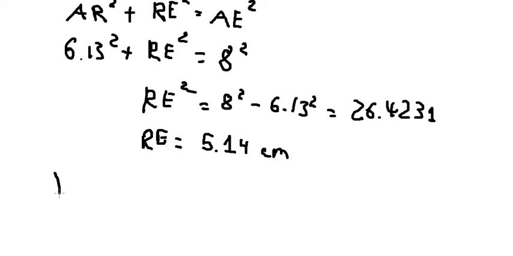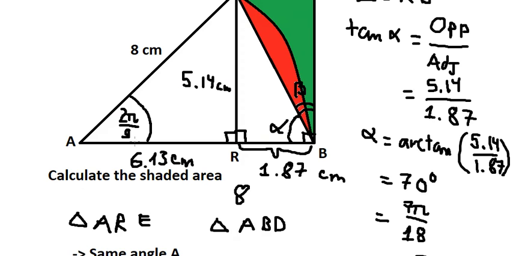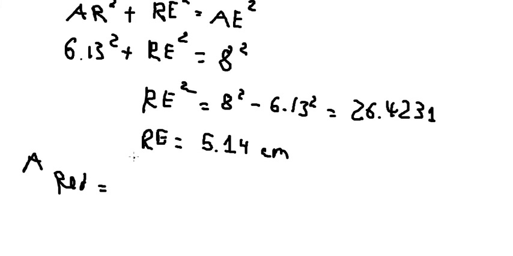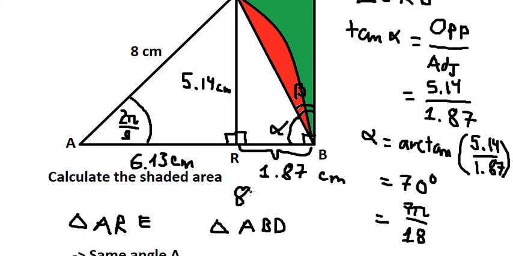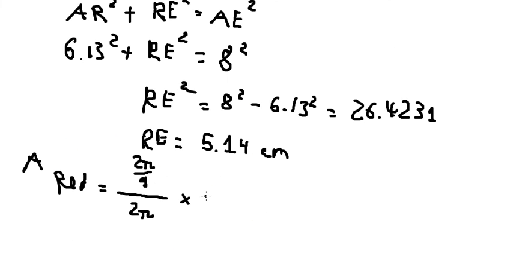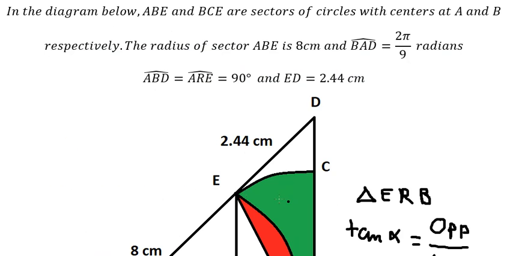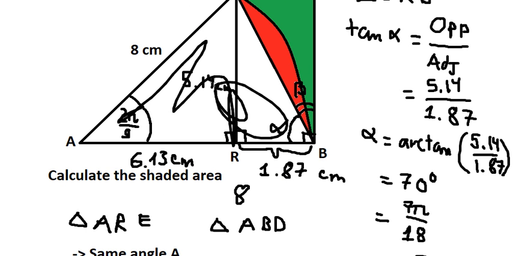So for the red area, we have 2π over 9. We divide by 2π, that is a full circle. We multiply by r, that is 8 square, and we have π in here, minus the white triangle in here.